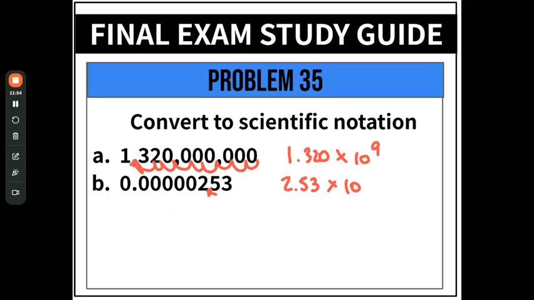Well, let's count. 1, 2, 3, 4, 5, 6. Now, it's going to be 6, but this time it's going to be a negative 6. Why? Because my number is getting smaller. Where the decimal is, this number is going to be less than 1. And so my decimal is moving to the left, and my exponent is going to be negative 6.